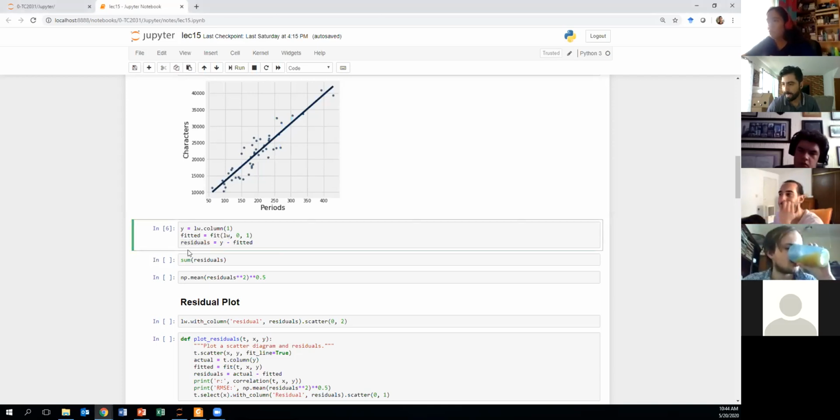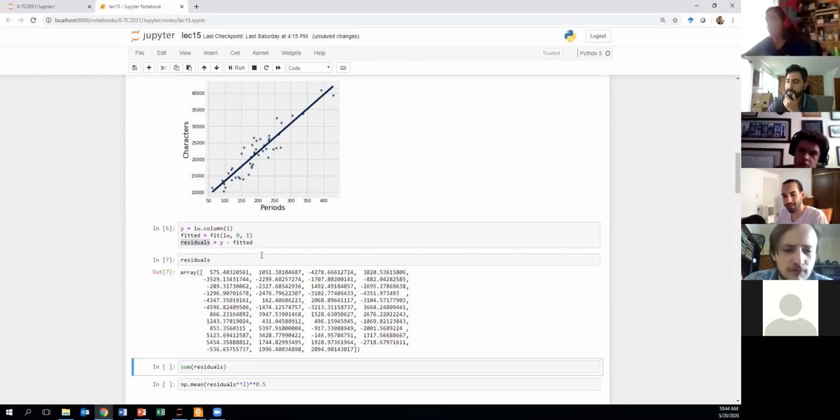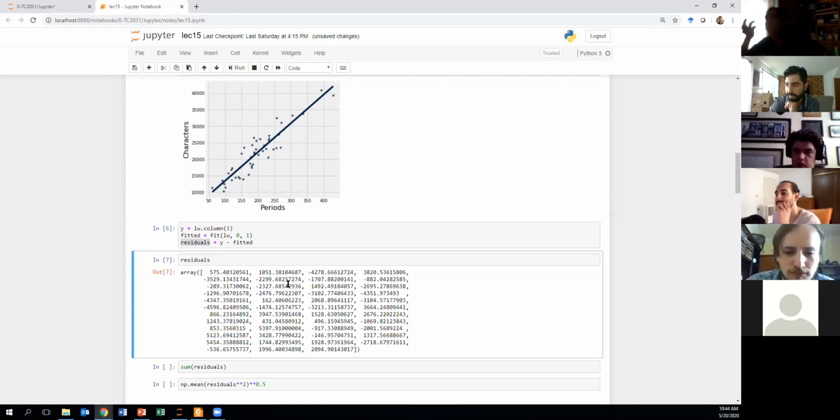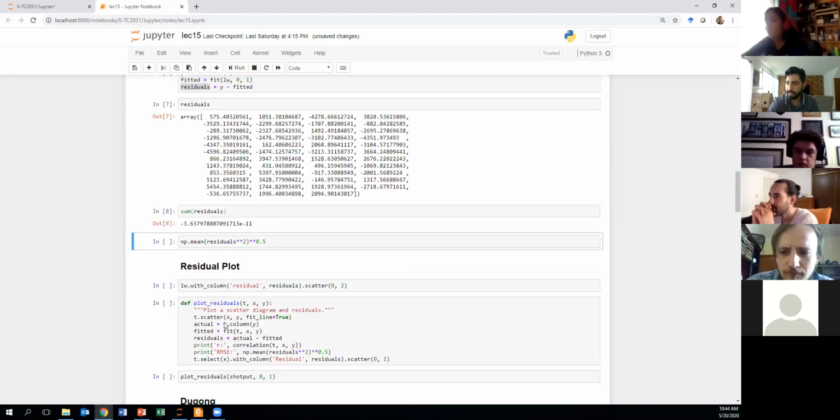So if I calculate it here, before running this, I put draw my residuals. These are the residuals for all these points, for all 47 chapters. You see some of them are positive, some are negative. So I want to get the sum of this. If I get the sum, you see this number, but if you pay closer attention, this number is to the power of minus 11.